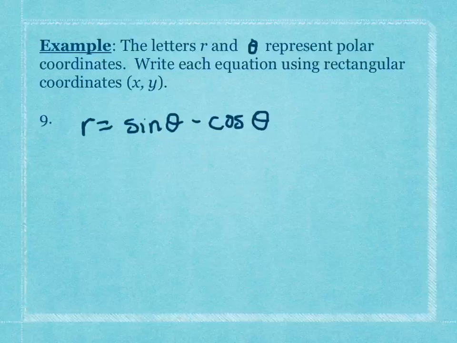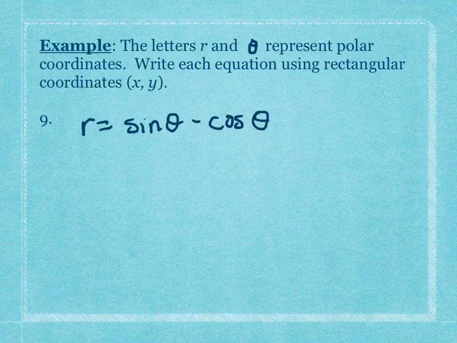All right, and we want to go the other direction as well. We want to be able to take an equation that's written with r and theta and write it in terms of x and y. Now, unfortunately, and this is the hardest direction to go, I do not have equations that say r equals blank, theta equals blank.